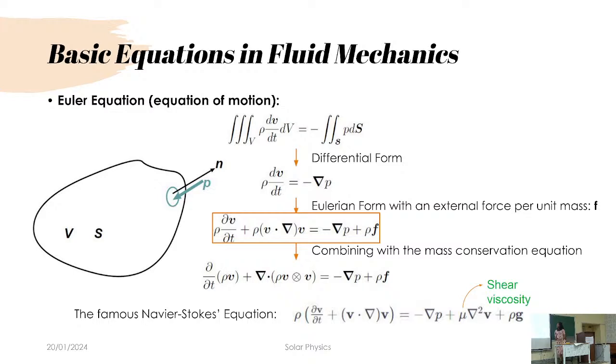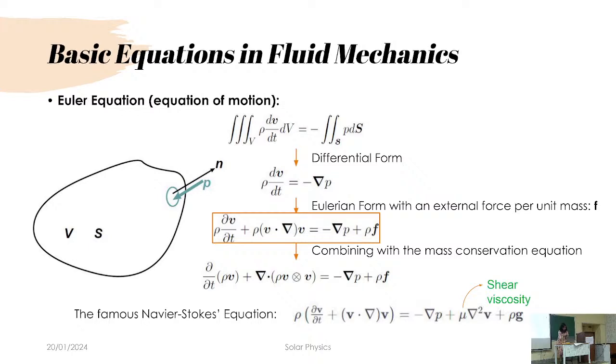So next is the Euler equation, or basically the conservation of momentum in a sense, or the third law of Newton. This says that whatever is the change in momentum inside a certain volume is because of the pressure that is acting on the surface. This is the final equation that I would like you all to focus on.